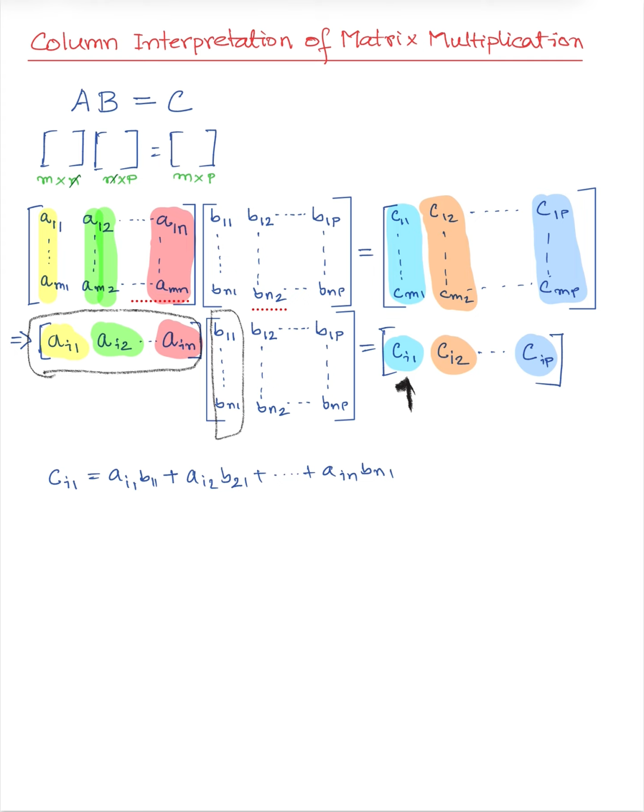Similarly, for the second column, C12, it's gonna be this guy multiplied by this one.